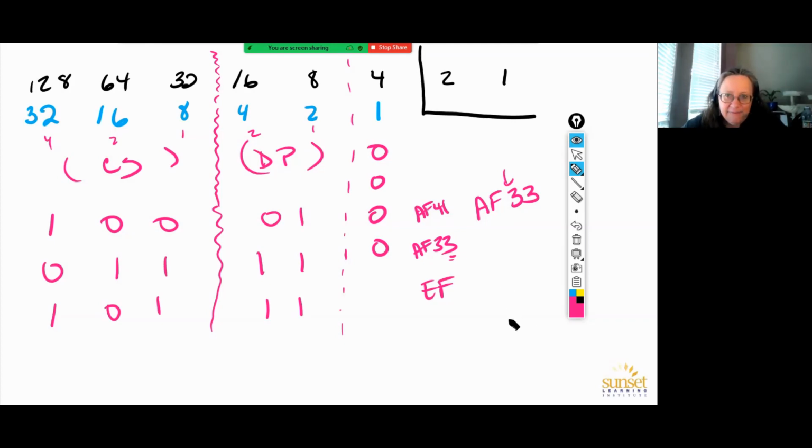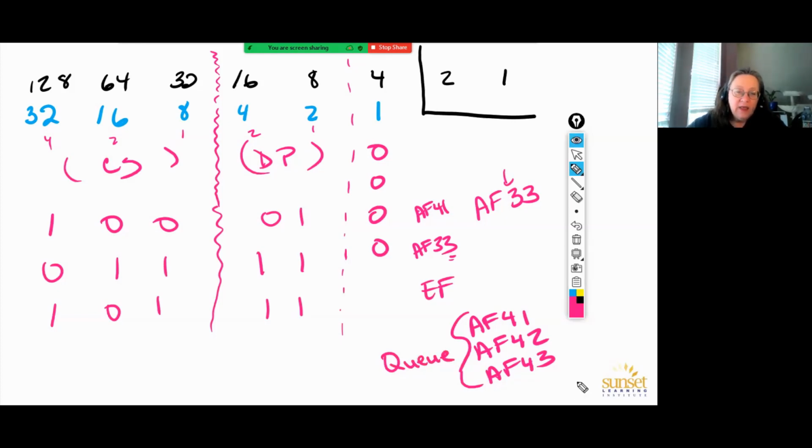If I have AF41, AF42, and AF43 traffic, and that's all in the same queue, this is how I can allow the router to know, in the event you have to pull traffic out of a queue to make room for new incoming traffic that's important, which traffic gets to get dropped.